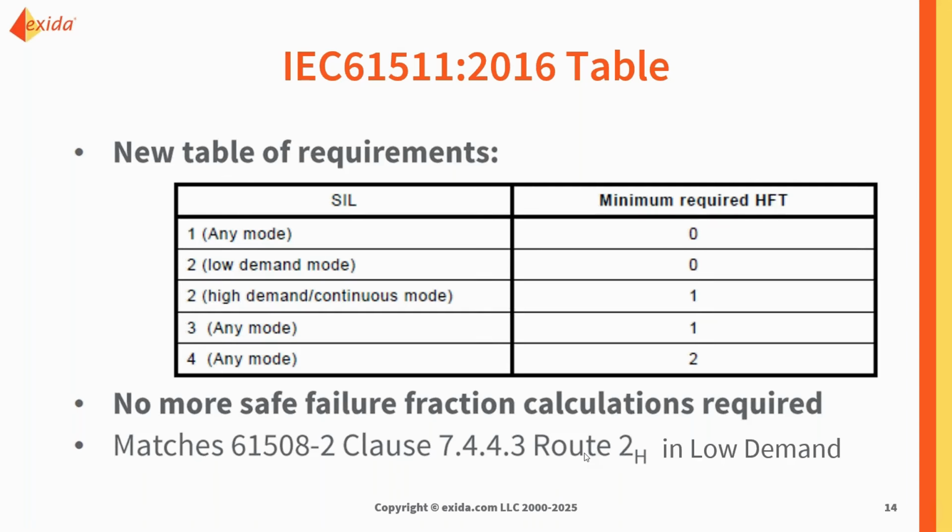For SIL2 in low demand mode only, hardware fault tolerance of 0. And if it's high demand or continuous, you need 1 level of hardware fault tolerance. And SIL3 would be 1 level of hardware fault tolerance in any mode. So in low demand, this ties up with the 2H table. So 1511 allows us to use this table, or we can use the tables in 1508.